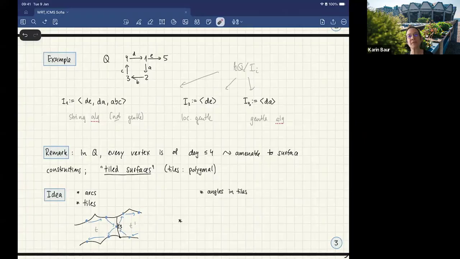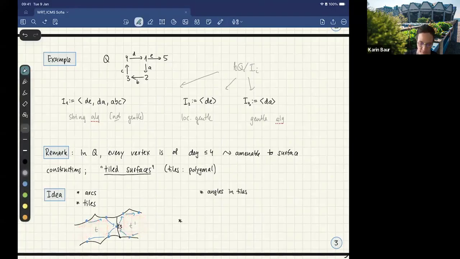So the idea is you take some oriented surface, divide it with arcs, and you get tiles. So here's a tile T, and here's a tile T prime. And they will have common edges or arcs. And we want the arcs to be the vertices in a quiver.